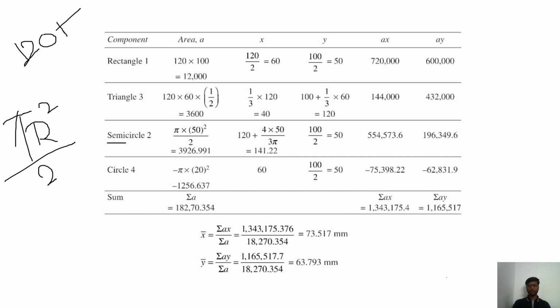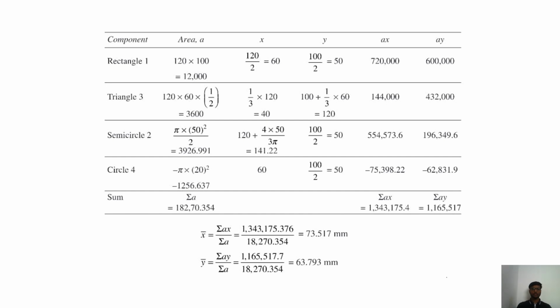Next we find AX, that is area into centroidal distance from the y-axis, that is 5,54,573.6. The next AY, that is area into centroidal distance from the x-axis, is 1,96,349.6.